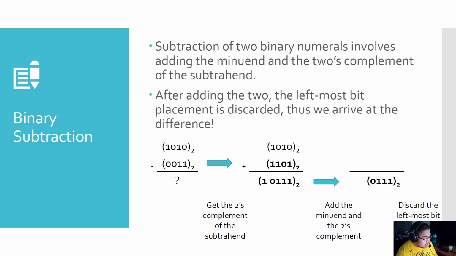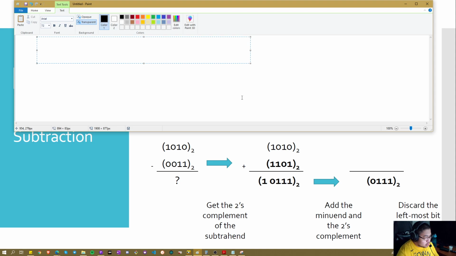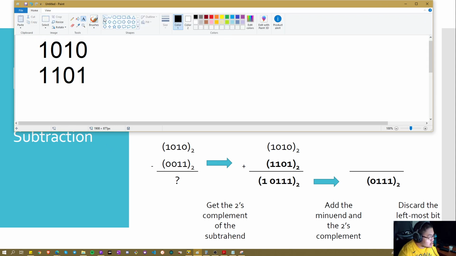So let's try doing this one. Okay, so this is what we're gonna do. This one is 1010. We need to get its two's complement. Again, first we get the one's complement, then we add 1 to it. So first we get the one's complement, so that's 1100, and then we add 1. Okay, so now let's add this.